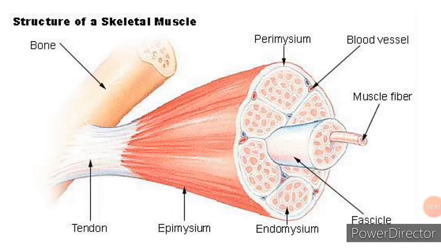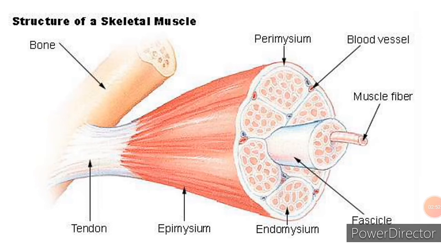You can take a look if you want to see how the structure of the skeletal muscles look like. So you have the bone, you have the perimysium, you have the blood vessels, you have the muscle fiber, you have the fascicle, you have the endomysium, you have the epimysium, and then you have the tendon.